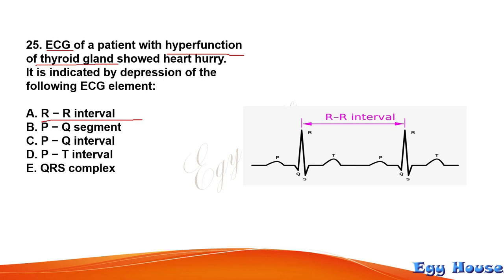So depression means that we have a short interval, an interval that gets shorter, which means hyperfunction of the thyroid gland actually gives tachycardia. So tachycardia can be manifested in the ECG as a short interval between the RR points.